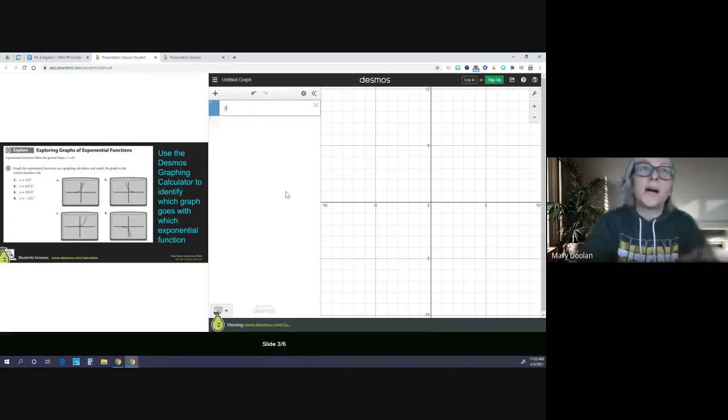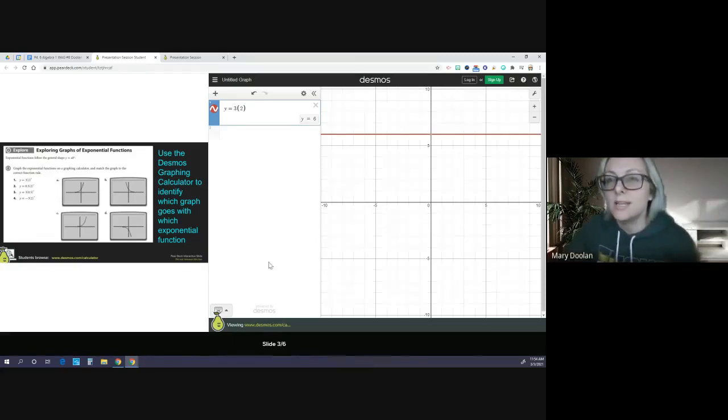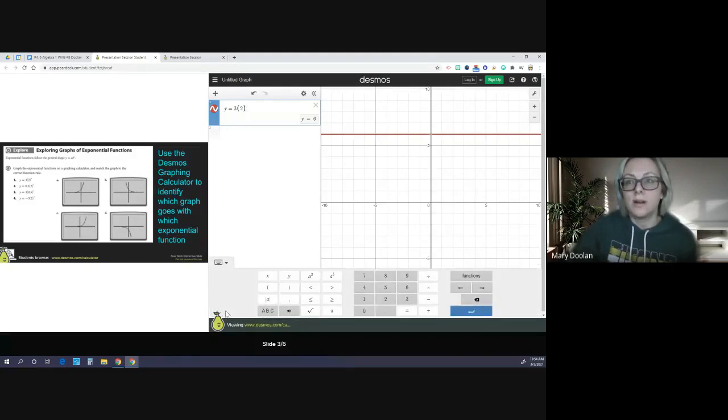The first one is y equals 3 parenthesis 2 close parenthesis, and now I need to do the exponent of x. I showed you this yesterday, but just in case you forgot, to type an exponent, come down to the keypad, click on it, and there is a button in the top row, 4 buttons over.